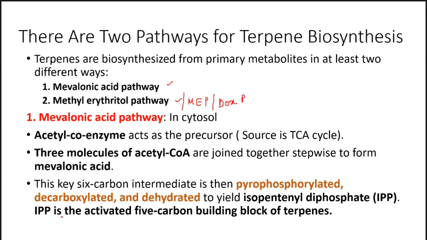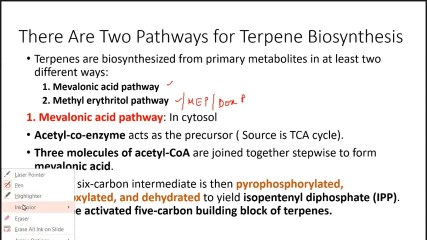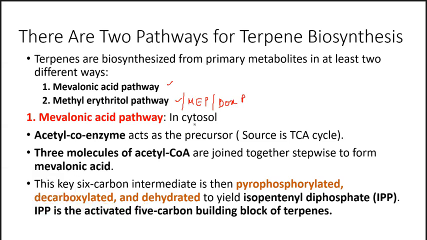Now this mevalonic acid pathway occurs in the cytosol, I discussed. First is in the cytosol, second is in the chloroplast or plastid. Here acetyl coenzyme A is the precursor. So 3 acetyl molecules, 3 into 2, 6 carbon, will form what?